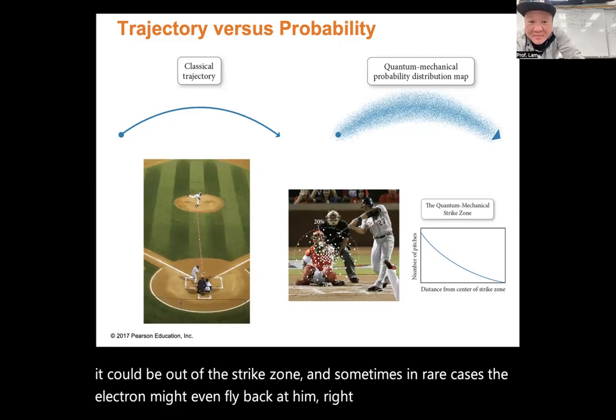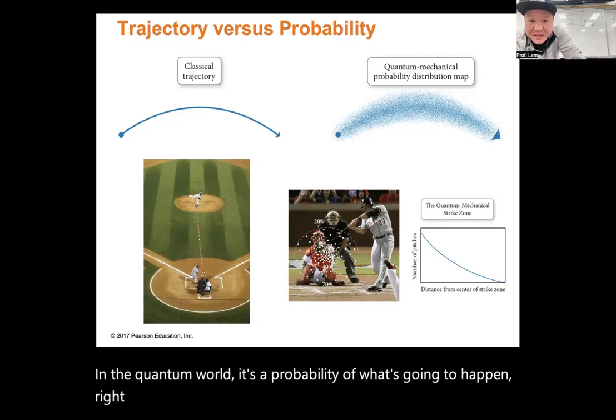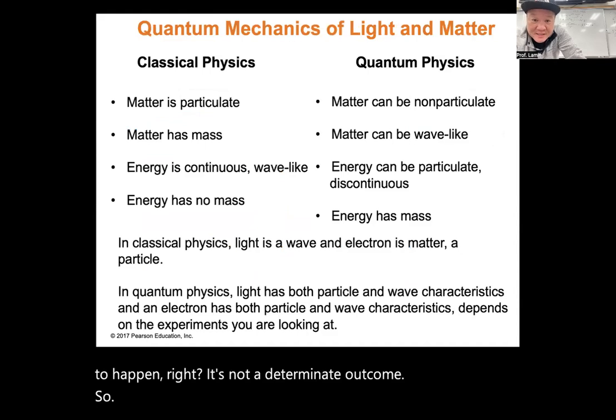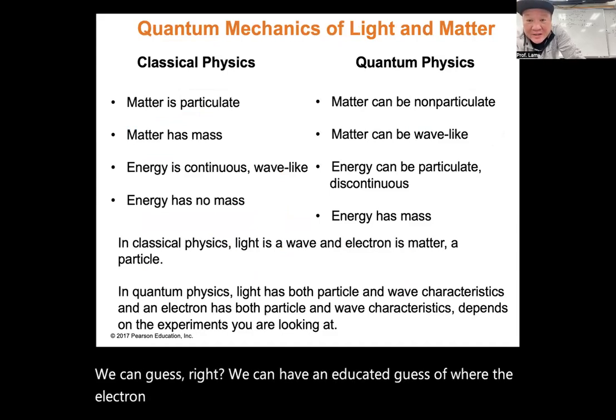So it's just a probability in the quantum world. It's a probability of what's going to happen. It's not a determinate outcome. Okay? So what that means for us is we can have an educated guess of where the electron is, but we don't know exactly where it is.